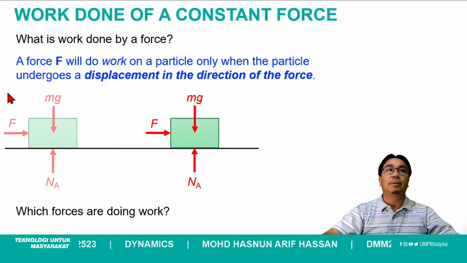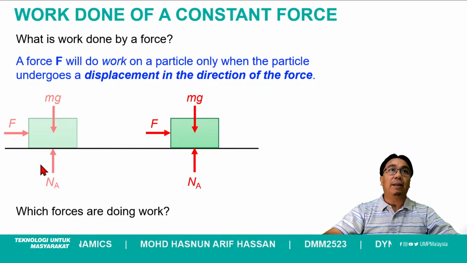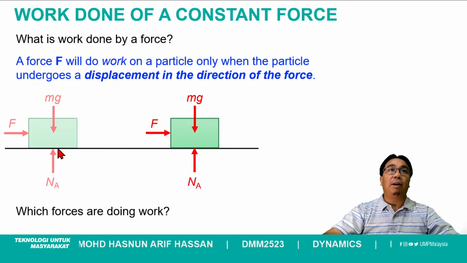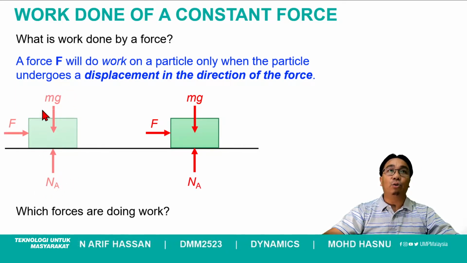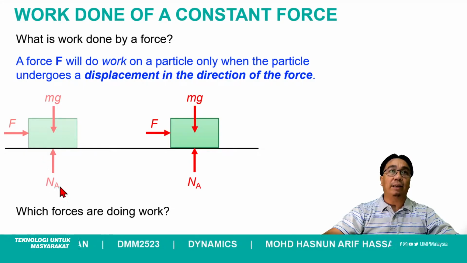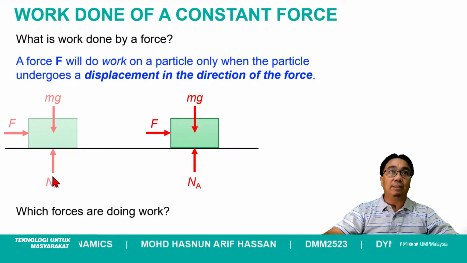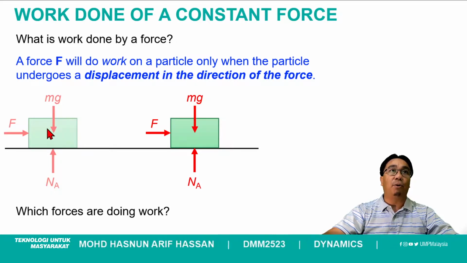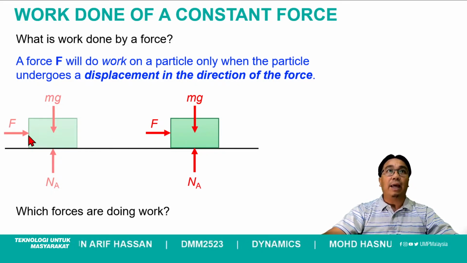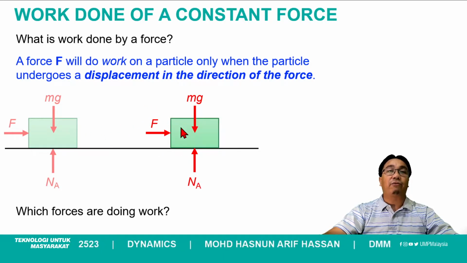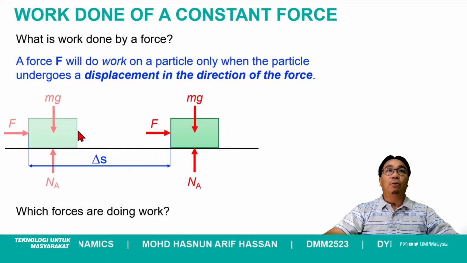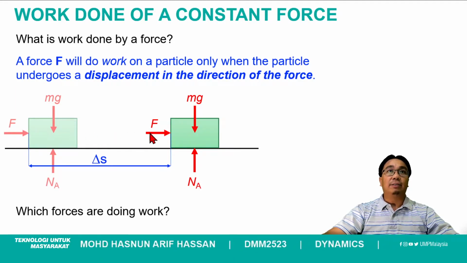Tak. Okay, so mg dan NA tidak melakukan work. There is no work done by mg and NA because the box is not moving in the y direction. Box hanya move in x direction, in the same direction as force F. Therefore, only force F is doing work.